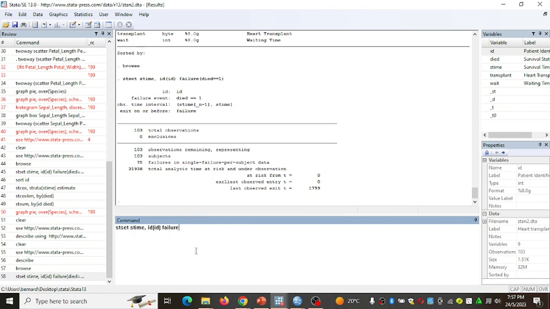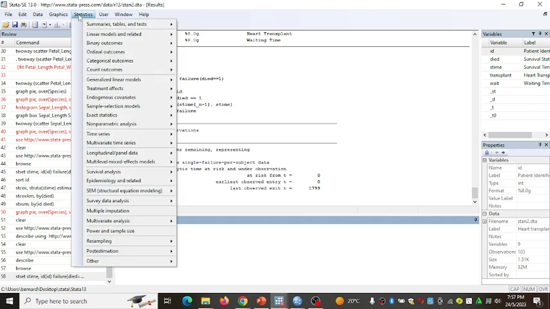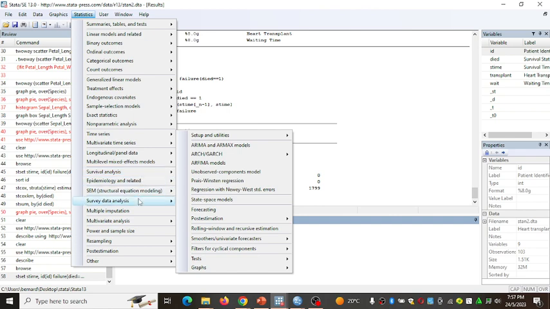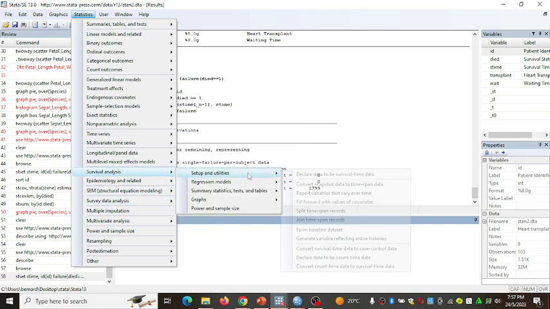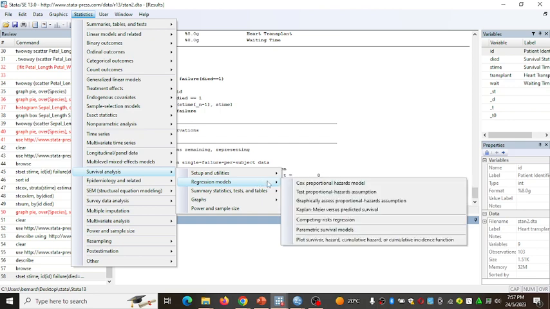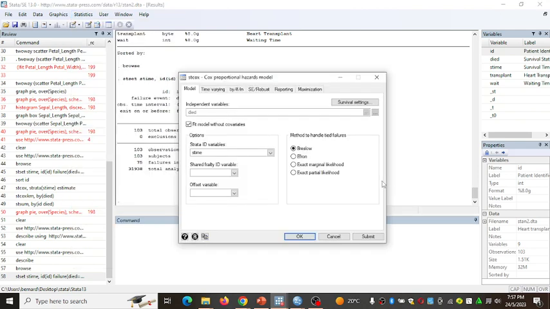So yeah, chat here. Then we continue with the Cox one. So click on statistics, go on survival analysis, and from there click on regression models and Cox proportional hazards model. Click on that one.